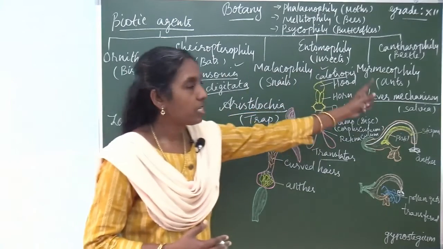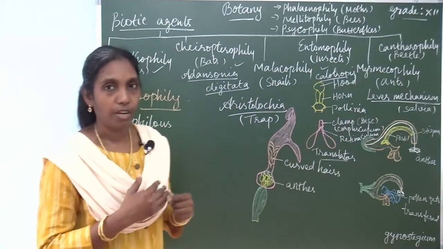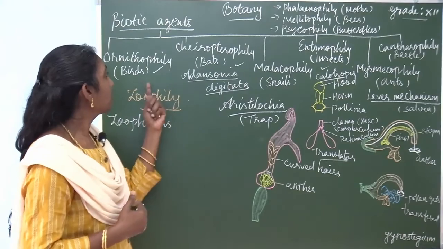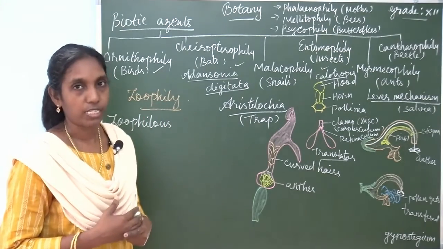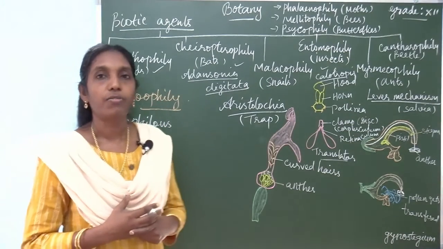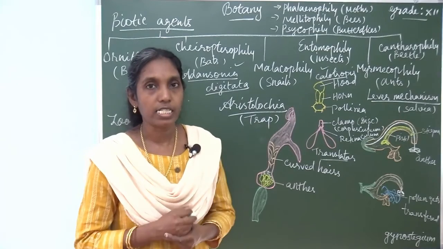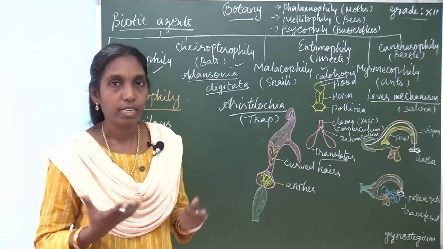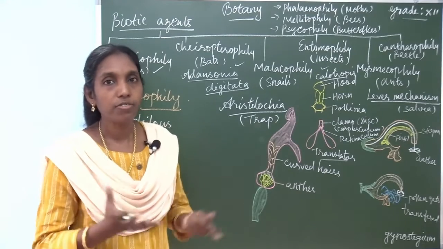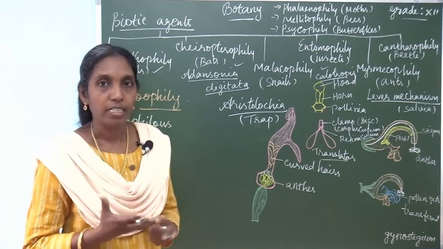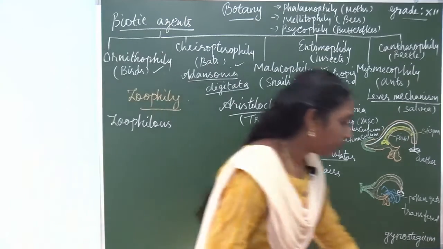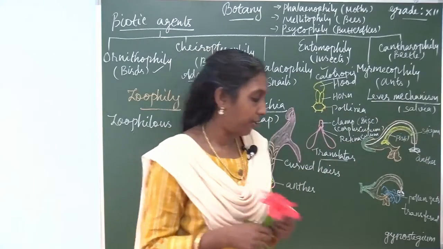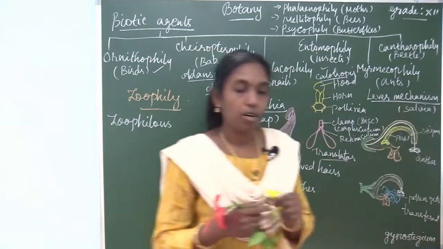So these flowers usually possess certain adaptations, due to which animals are attracted. What adaptations do ornithophilous flowers possess? These flowers are usually large in size. They develop either singly or in clusters. They are large, brightly colored, red or yellow. Here are some flowers with different colors, red flowers, large flowers, and this yellow flower.